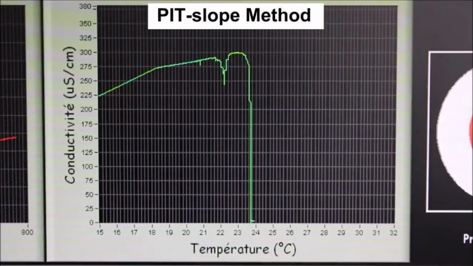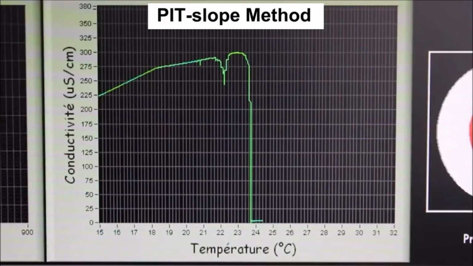Let's see the inversion. Here we have the conductivity-temperature profile. At low temperature, the high conductivity evidences an oil-in-water emulsion, because the external phase is the sodium chloride solution.